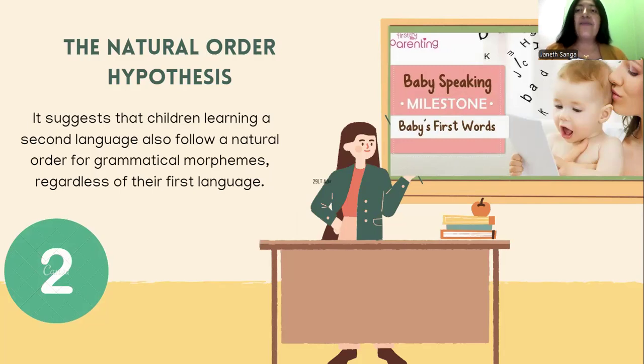In this case, the baby acquired language by listening to his mother, and the baby learned the first words, papa or father, mother, mom. So this is the natural order where the baby acquired the first words.